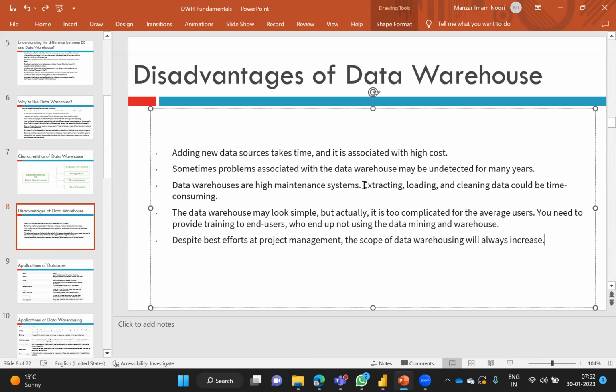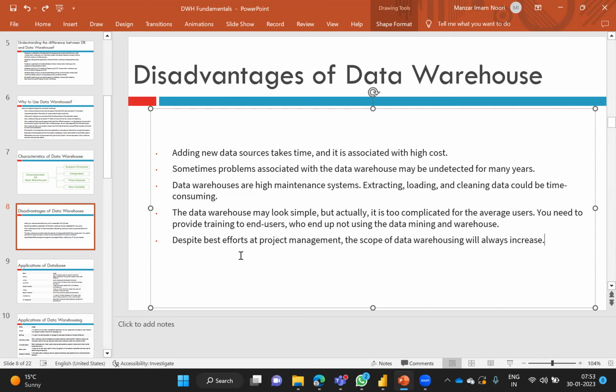These tools need skills and involve a lot of cost. So a data warehouse may look simple, but actually it is too complicated for average users. You need to provide training to end users, who otherwise end up not using the data mining and warehouse.